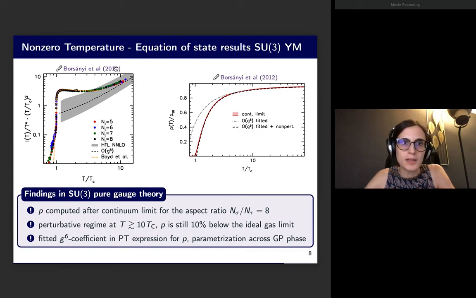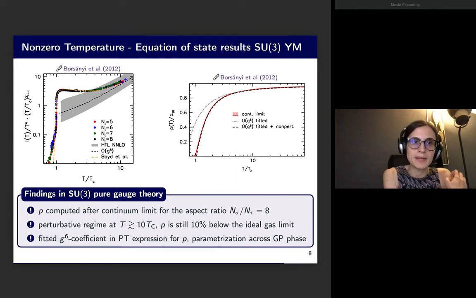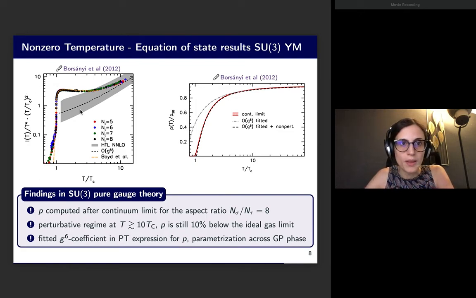And here I am citing a result dating back to 2012, where the pressure was computed after the continuum limit was taken for an aspect ratio of 8, starting from this set of raw data that have been plotted in a log-log scale, and where the interaction measure was rescaled by T over T_c squared in order to make more evident what are the deviations from the perturbative HTL thermal loop at next to leading order, or O(g^5) behavior from the perturbative regime.